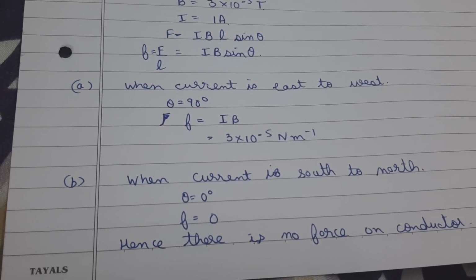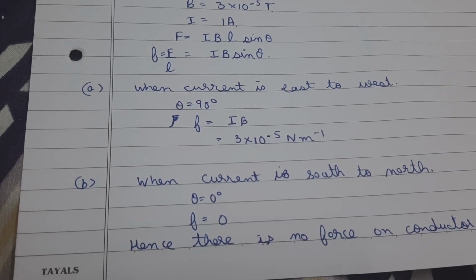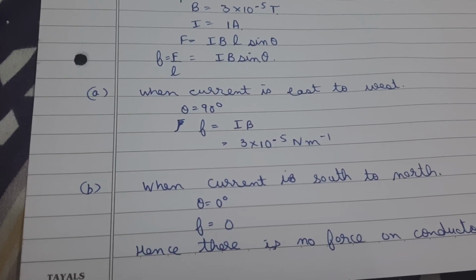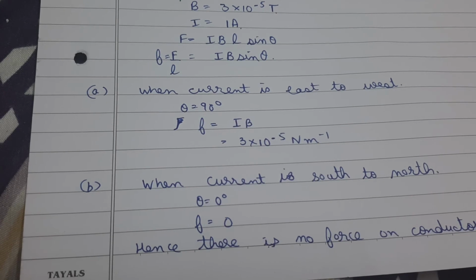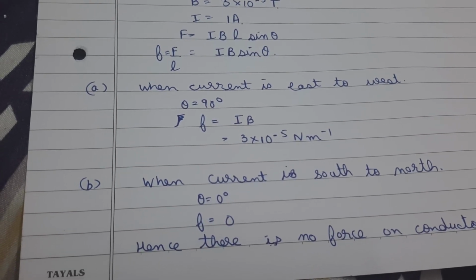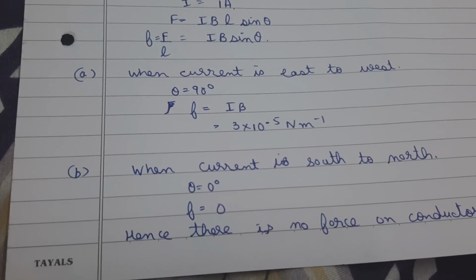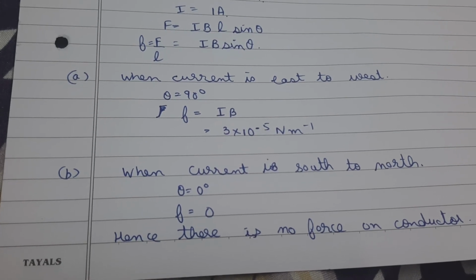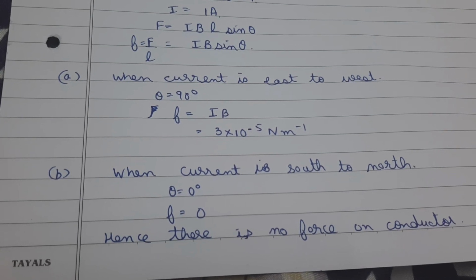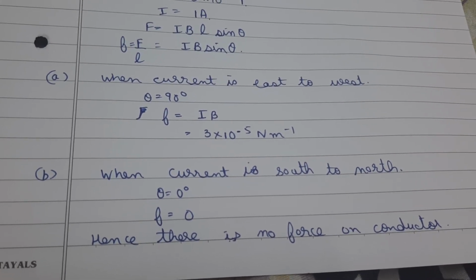When the current is from east to west, the horizontal field is from south to north, and the current is from east to west, so theta will be equal to 90 degree. The angle between the current and the magnetic field is 90 degree. So f will be I B. And when it is placed from south to north, theta is equal to 0 degree. So sin 0 is 0, so f is also 0. Hence there is no force on the conductor.